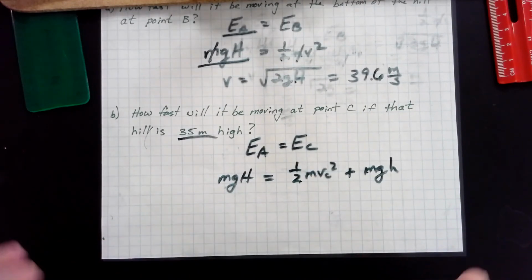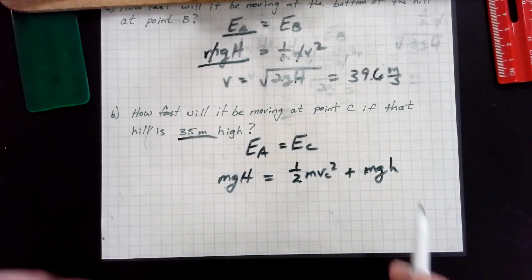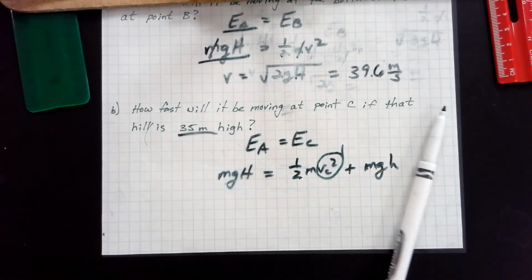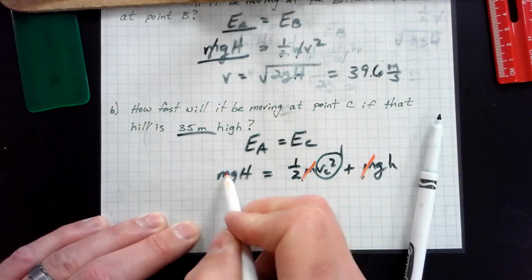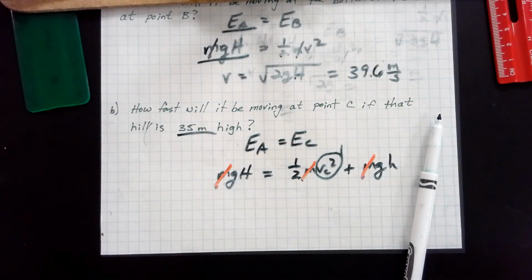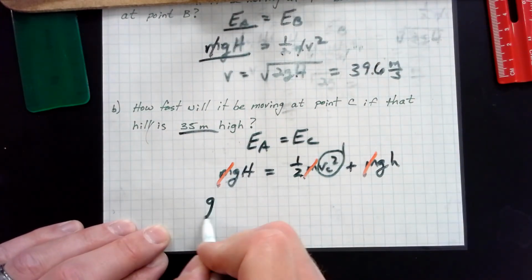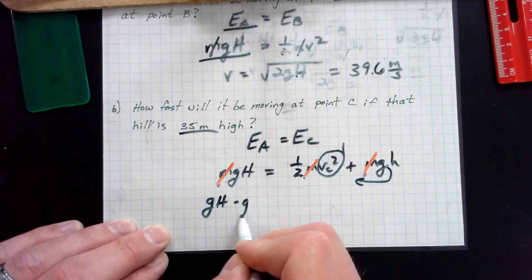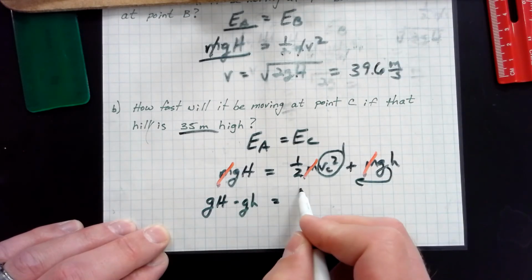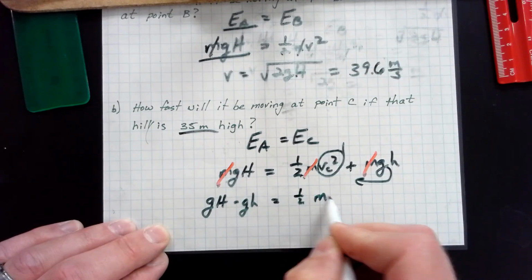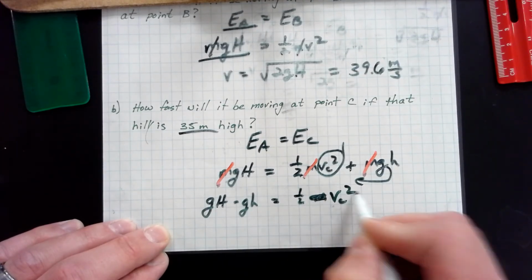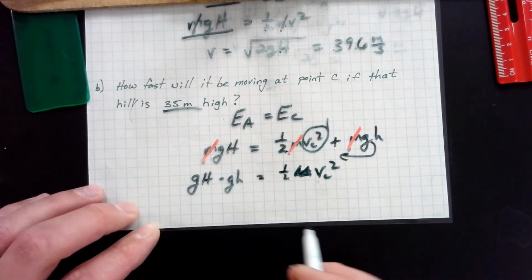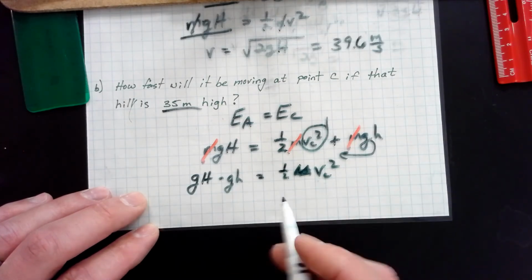Now we manipulate that for what we want. It is vC. There's no spring. Let's get rid of that mass. I'm going to leave this here. I have gH. I'm going to subtract that over. Minus g little h is equal to 1/2 m already canceled vC squared. Now just multiply this thing by 2, but I have to multiply everything. There's a g in both of them.